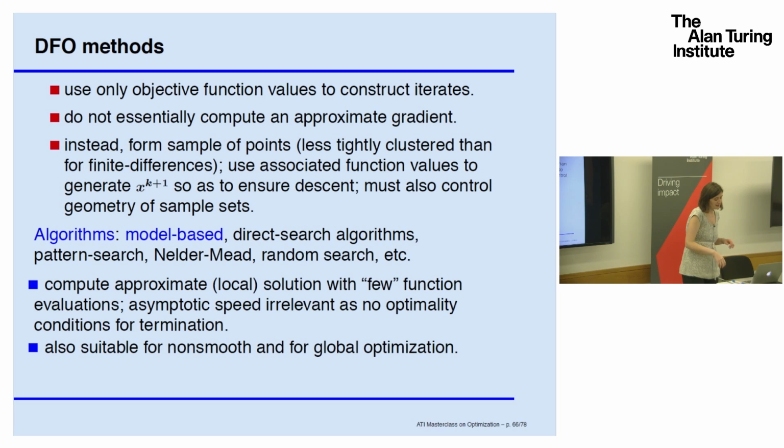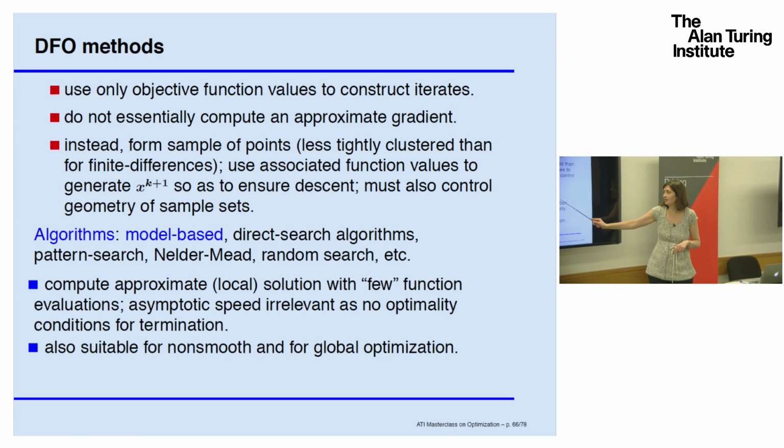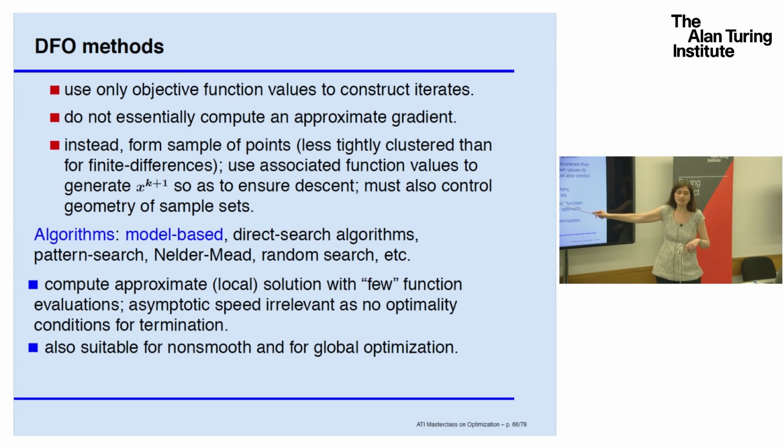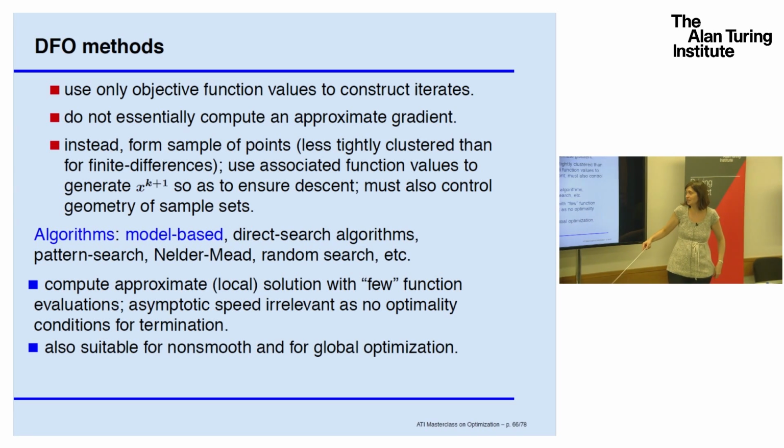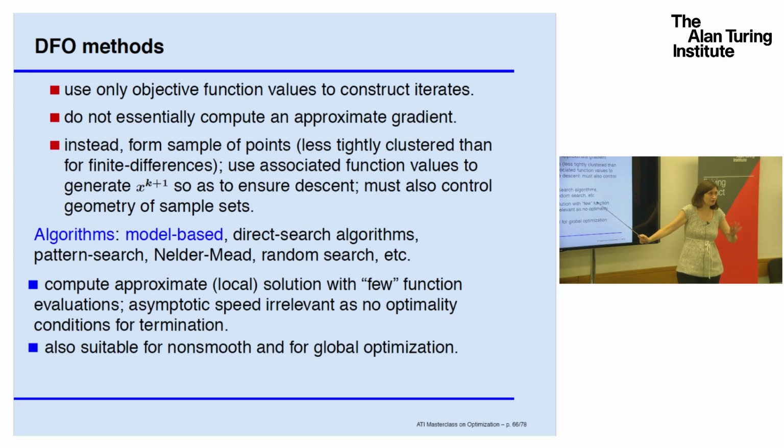There are various methods in this area: direct search, model-based, pattern search, Nelder-Mead, random search, etc. There are stochastic and deterministic methods. I will talk about some methods that are very principled and connected to methods we've already talked about, called model-based. They are trying, but not all of them succeeding, to be careful with your function evaluations.